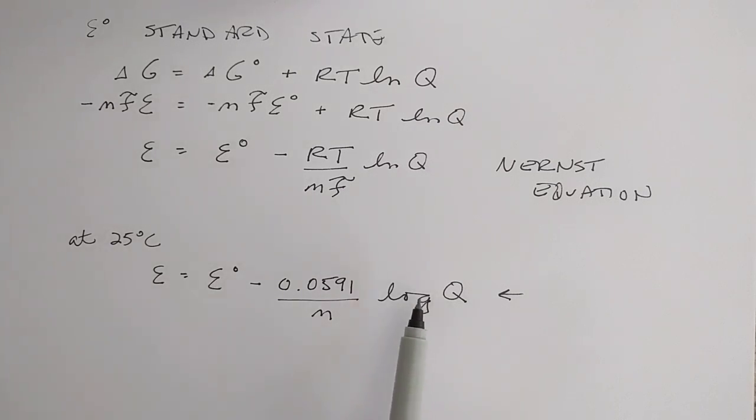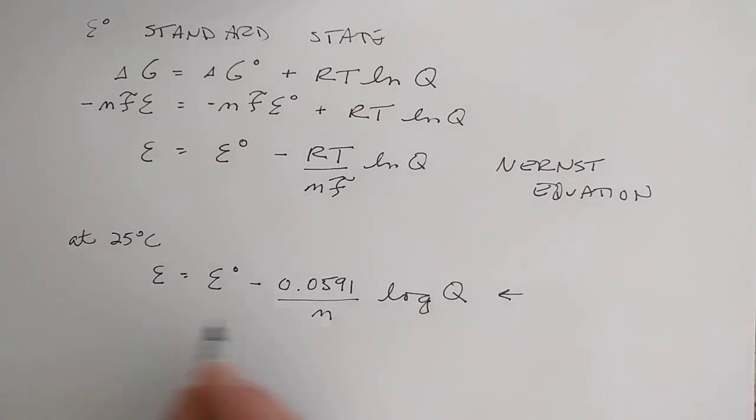If Q equals 1, when we're in standard state, the log of 1 is 0, and our E equals E0. And if our Q is greater than 1, then this term is positive, so we're subtracting, so our E is less than our E0.